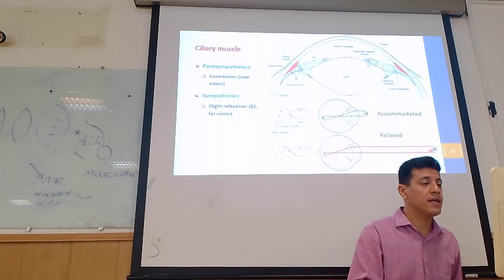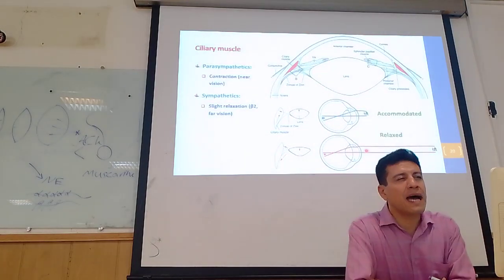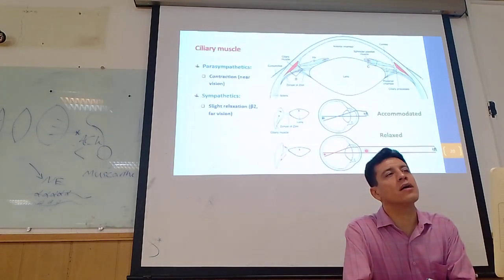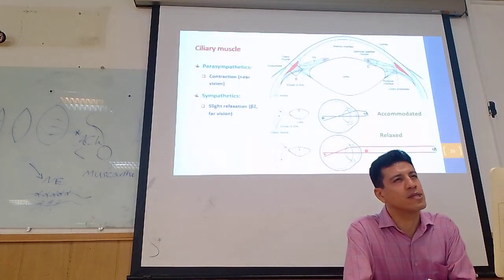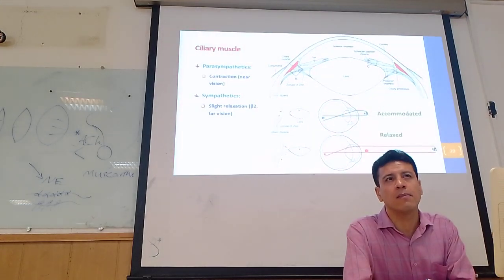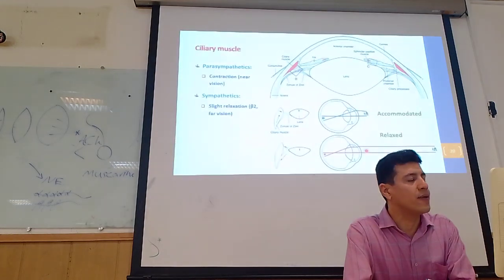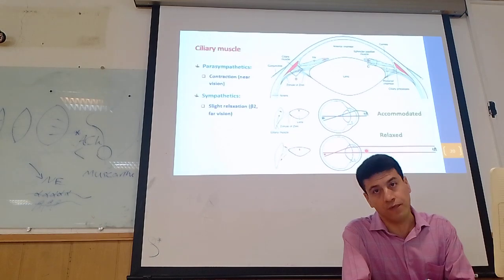The result will be less accommodation, or far vision. So parasympathetic innervation to the eye causes miosis and accommodation, near vision. Sympathetic innervation to the eye causes mydriasis plus relaxation of the lens. It is best for far vision.